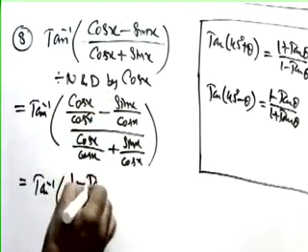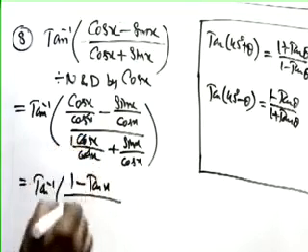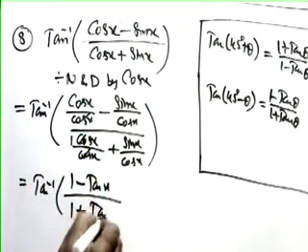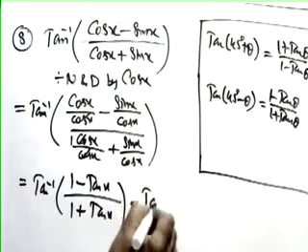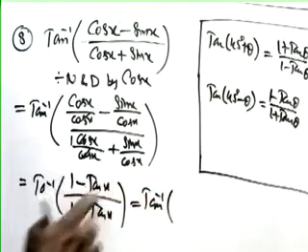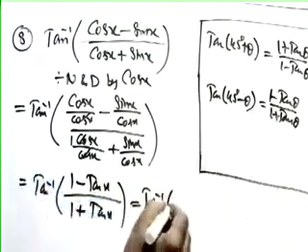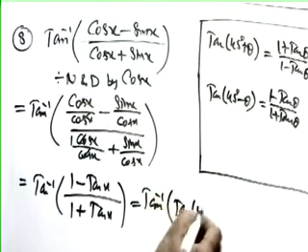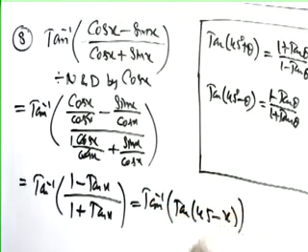Cos will get cancelled. 1 minus sin by cos is tan x, so 1 minus tan x by 1 plus tan x. Now this becomes the formula: just now we have seen this is tan of 45 minus x. So tan inverse is cancelled. What is left? 45 degrees, which can be written as pi by 4 minus x.